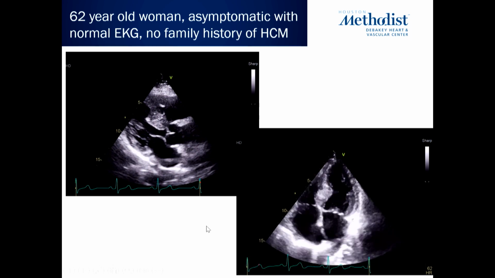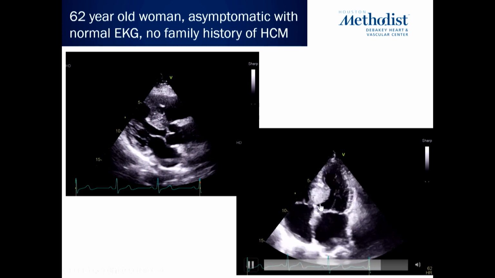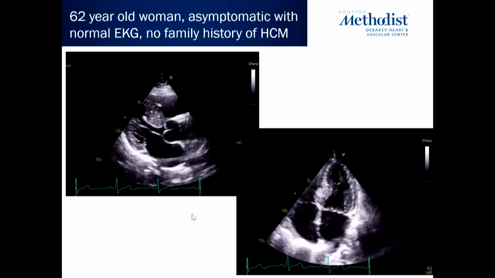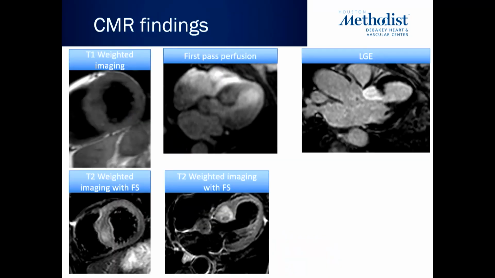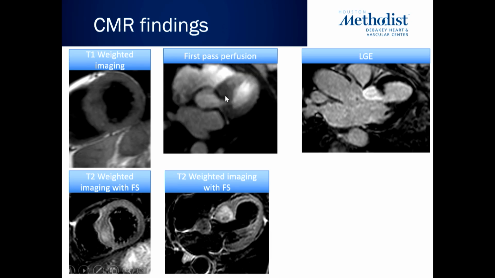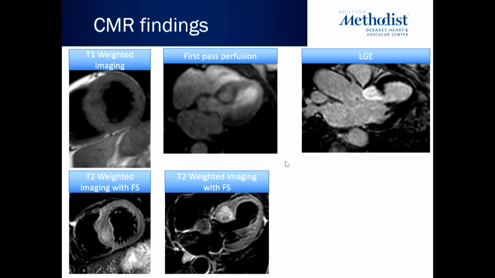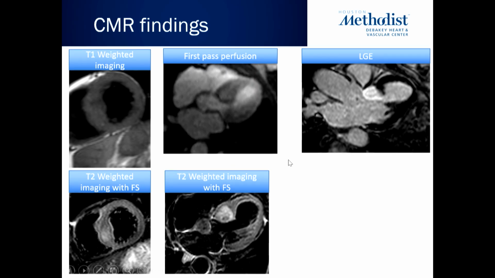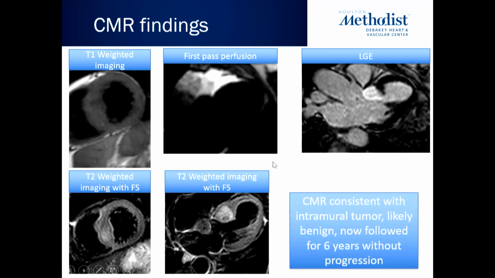And now in hindsight, it has clear borders. So this patient actually has a tumor in the basal septum. And this was considered a benign tumor. Notice that there's brisk uptake with delayed enhancement of this segment. And now it's been stable for the past 8 years. So this is a benign intramural tumor rather than ACM.